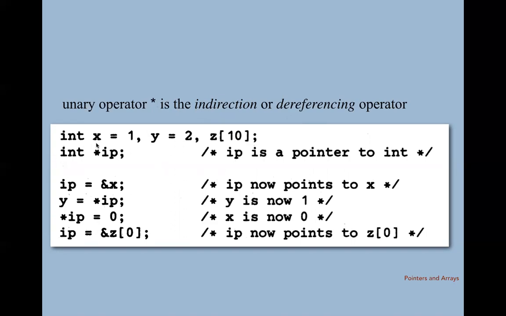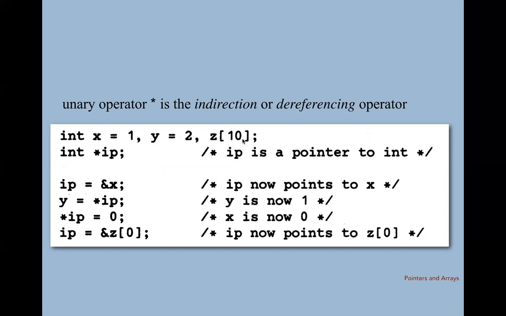I've declared two variables, x equal to 1 and y equal to 2, and an array variable z of 10. As usual, x takes the required bytes of memory and gets stored in memory. Similarly y, and similarly z. Z is an array and it has 10 integer values.